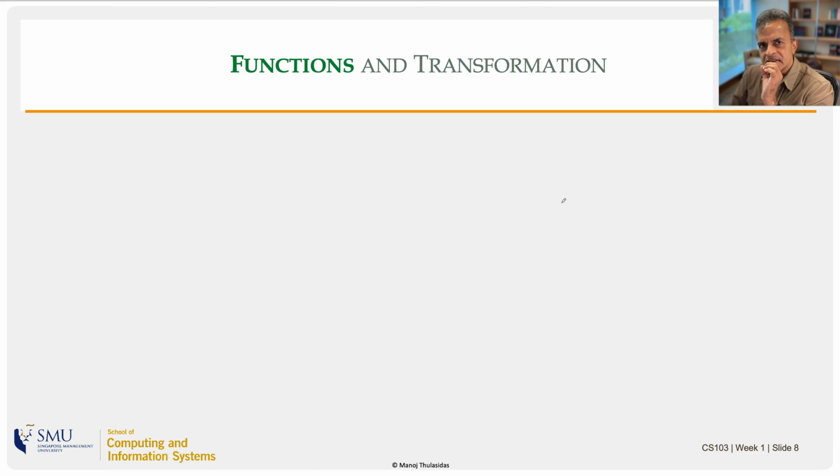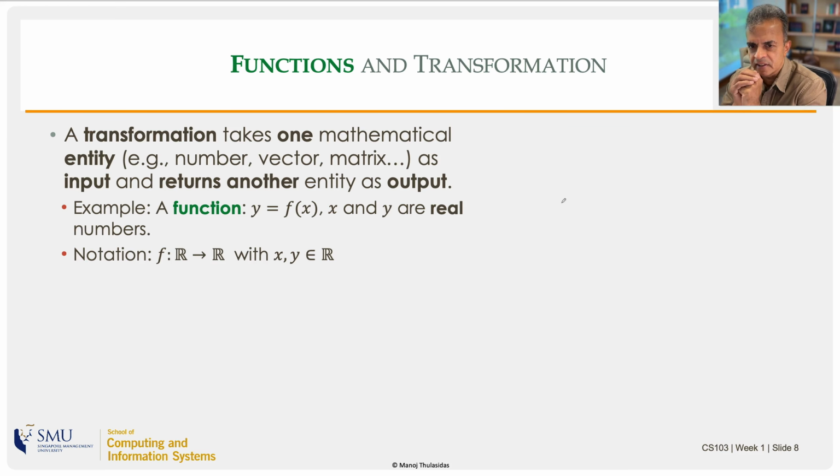Now, let's take one more small step and think of functions as a transformation. Actually, the difference I'm trying to highlight here is a difference without too much of a distinction, because we will be using things like transformation, mapping, or function to mean roughly the same thing. A transformation is something that takes one mathematical entity, a number for instance, or a vector or a matrix, as input and returns something else as an output.